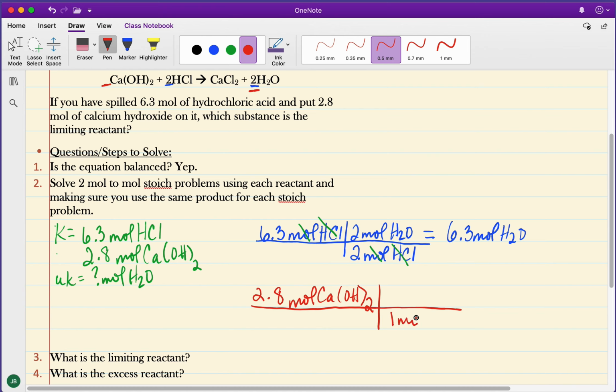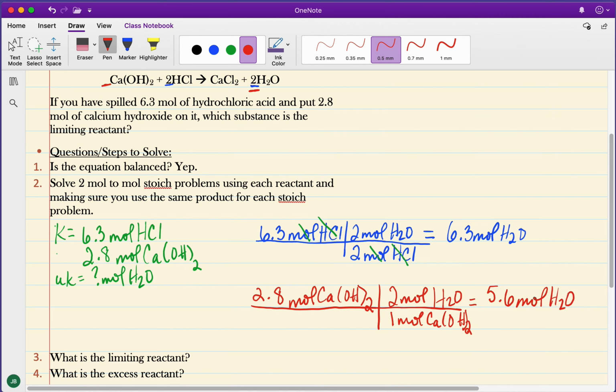So 1 mole of calcium hydroxide, and then we have the 2 moles of water. Once again, you're going to put that in your calculator, and you come up with 5.6 moles of H2O.